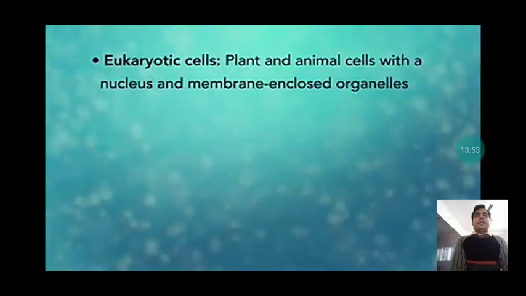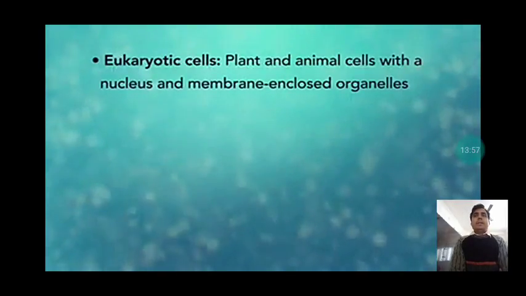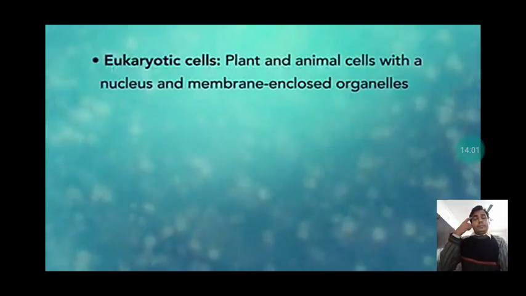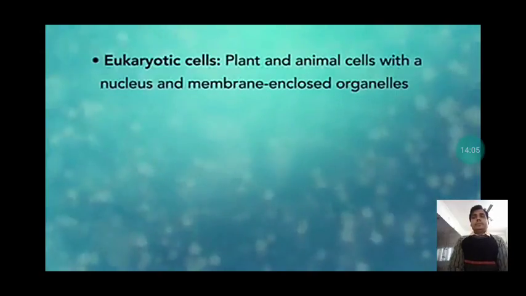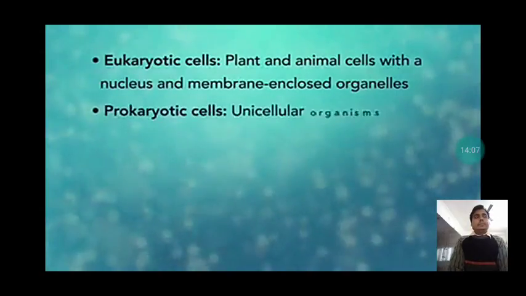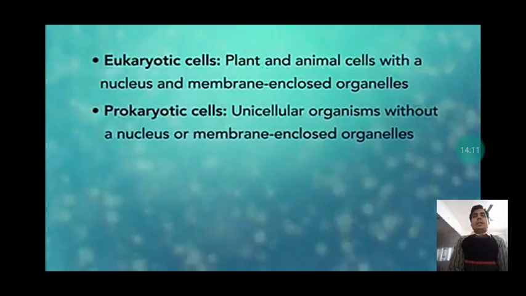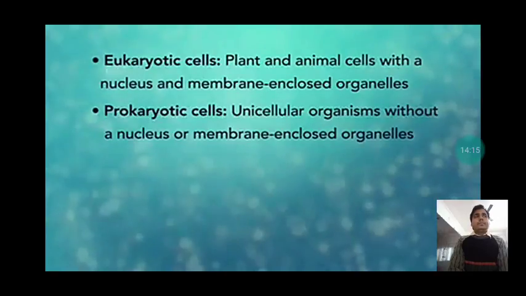Eukaryotic cells, plant and animal cells, have a nucleus and membrane-enclosed cell organelles. Prokaryotic cells are unicellular organisms without a nucleus or membrane-enclosed organelles.